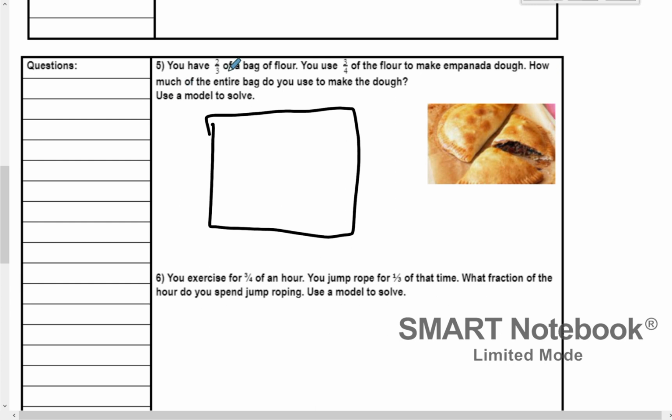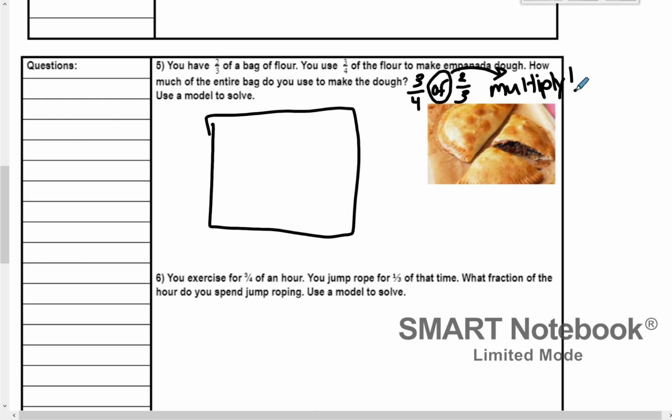Okay, so we only have 2/3 of a bag, and we need to use 3/4 of that amount. Okay, so we're taking 3/4 of 2/3. This word of is huge. Okay, if we're having a number and we're taking something of another number, that of always means multiply.